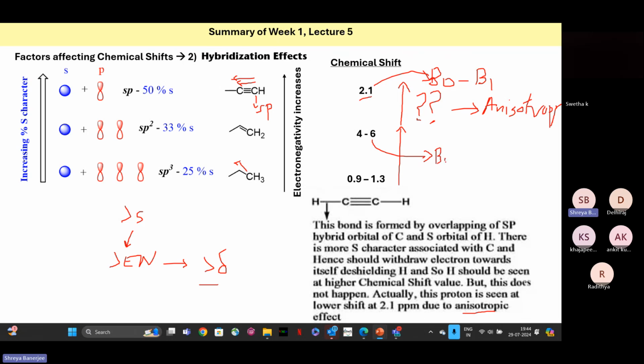So it is experiencing a higher chemical shift. So if we had only considered electronegativity, we would not have been able to explain this phenomenon. But this phenomenon is a result of both electronegativity and anisotropy. And that is why alkynes represent a much lower chemical shift than expected.